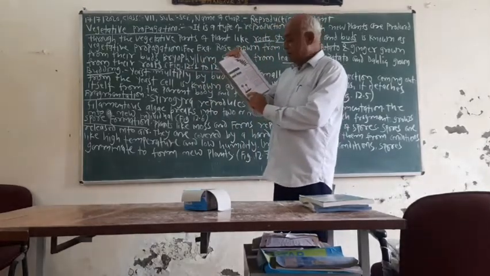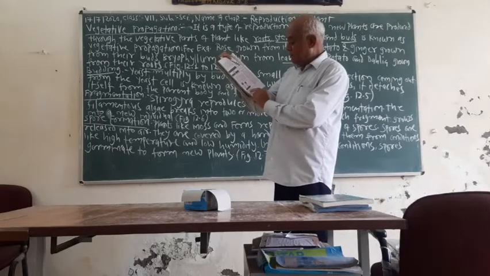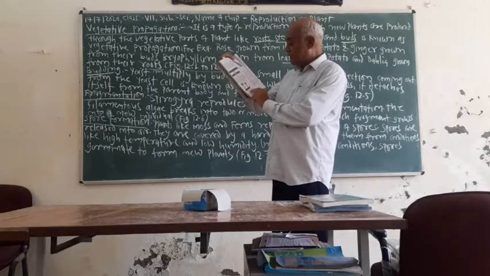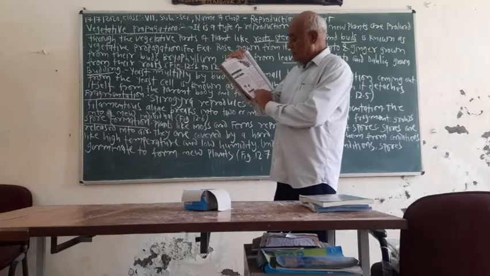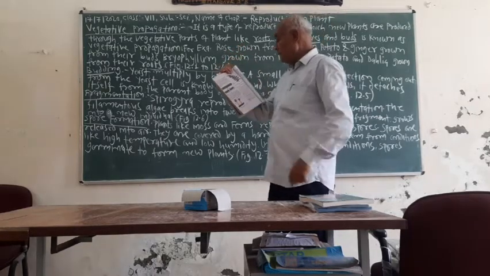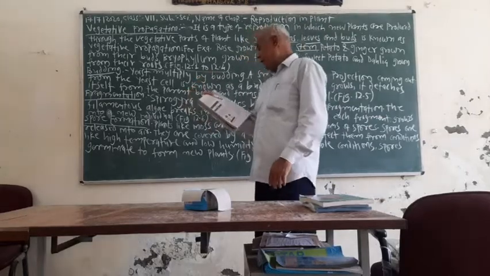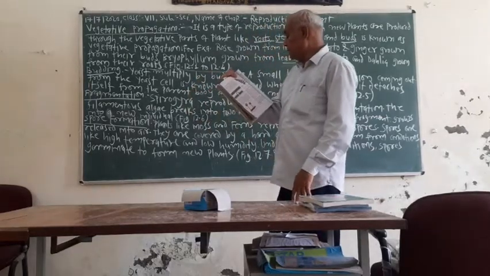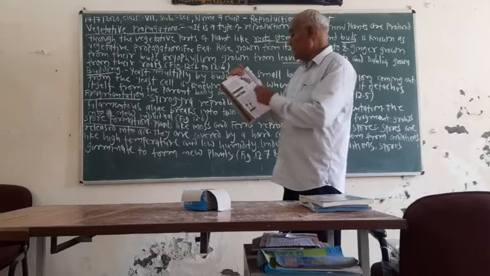Figure 12.7 is reproduction through spore formation in fungus appearing on bread, and figure number 12.8 is reproduction through spore formation in a fern plant.